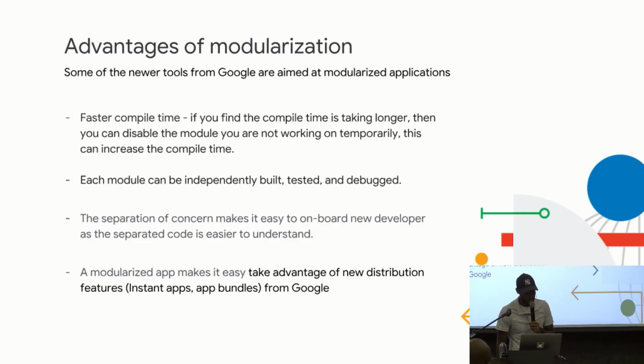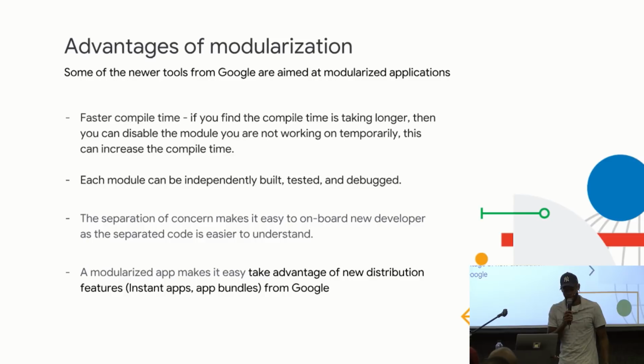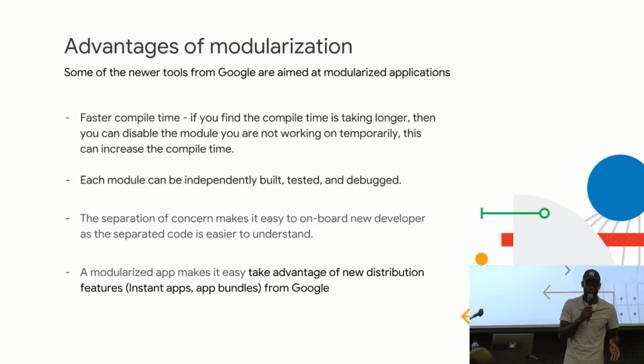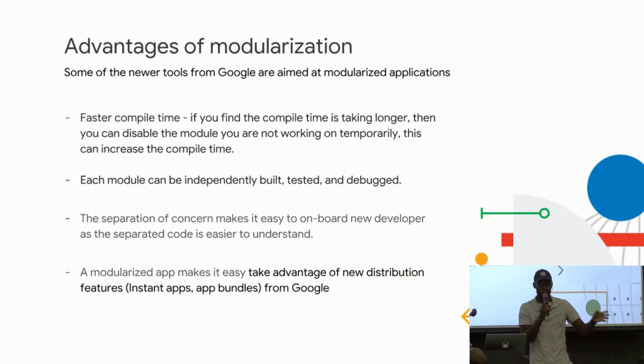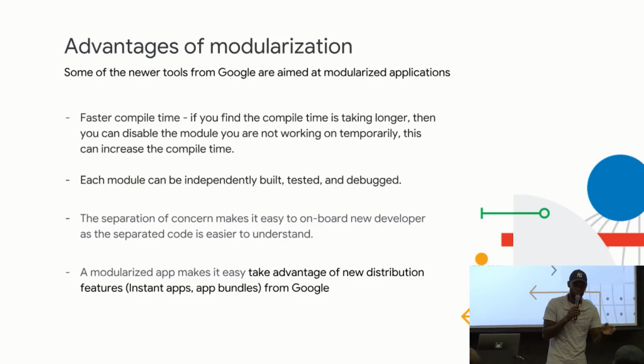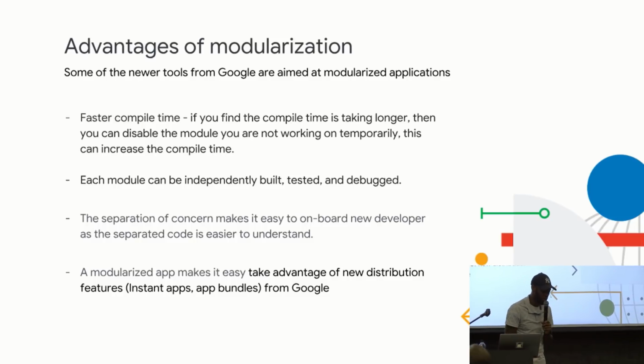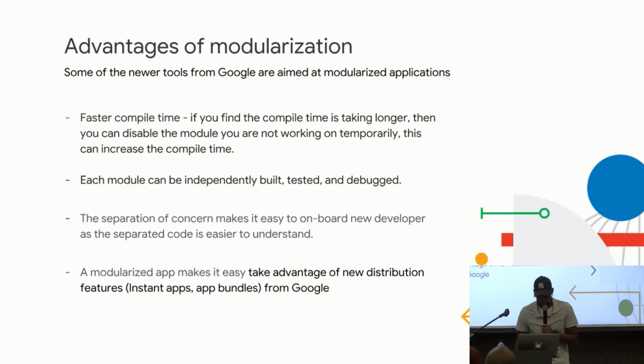And each module can be independently built, tested, and easily debugged. So with modularization, you have these different modules, right? If I'm making changes on module A, I don't have to compile the whole application. I can just compile that particular module that I just changed. So that's the benefit as well. It's easy to test it out and to debug if there are any bugs on it.